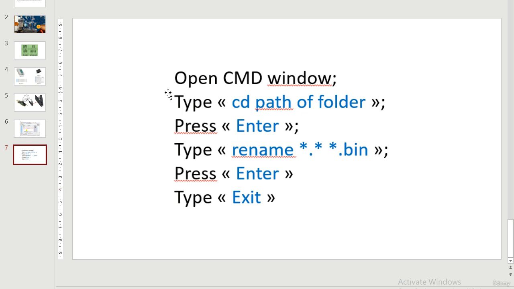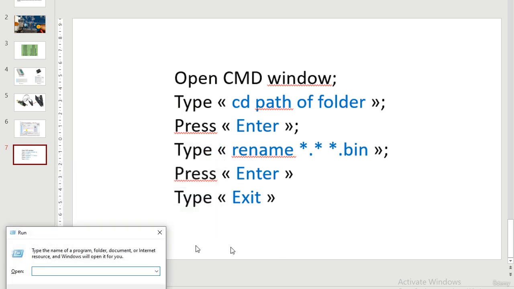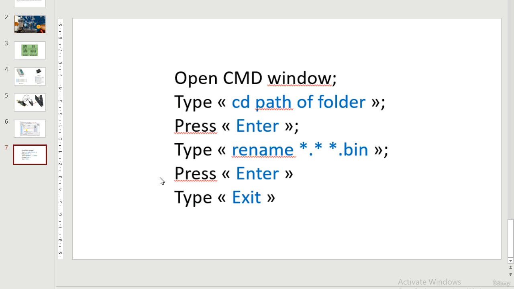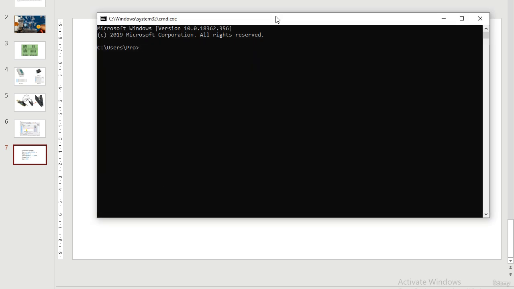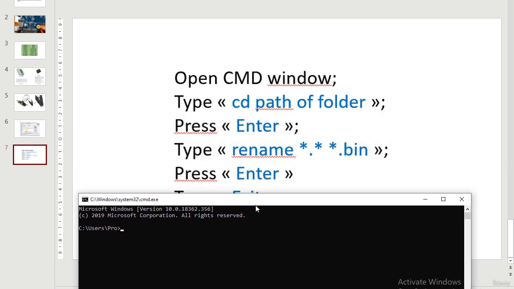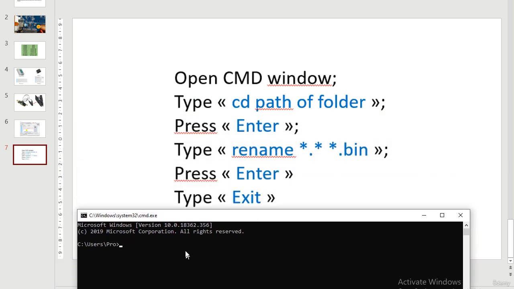So we have seen that you should open the CMD window, the command window. You can just press Windows R on the keyboard, okay, as you can see, and then the Run window will open for you. Then you can just type CMD and press enter, and you will get, as you can see, the CMD window. In the CMD window, I taught you how to enter these commands.